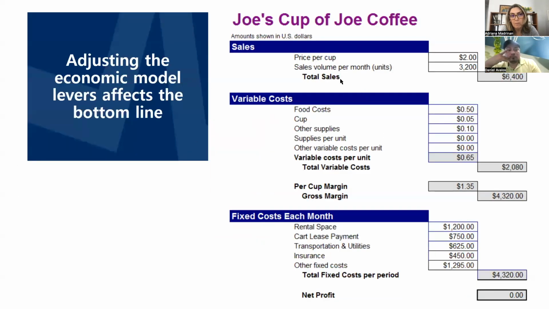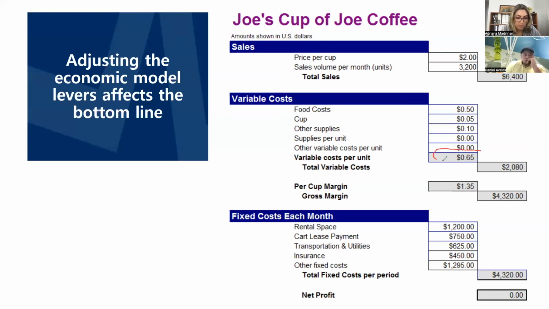Adjusting the sales. It's a cup of coffee, real simple. You're looking at the price at $2 per cup. We are selling 3,200 units. We bring in $6,400 in revenue. We have food costs, the cup, other supplies, the sugar, the stirrer, whatever you want to buy. It costs 65 cents.